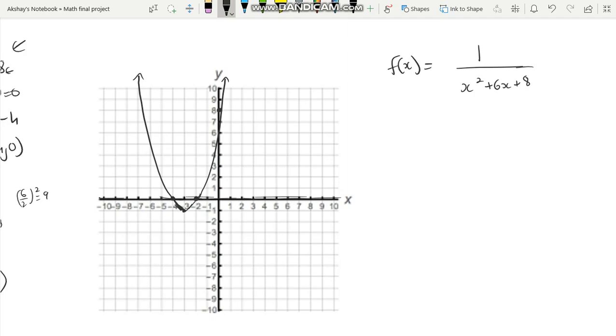There are essentially my x-intercepts. One of my x-intercepts is negative 2, so my vertical asymptote would be passing through negative 2 vertically, like a straight line. I'm going to do that for negative 4 as well.